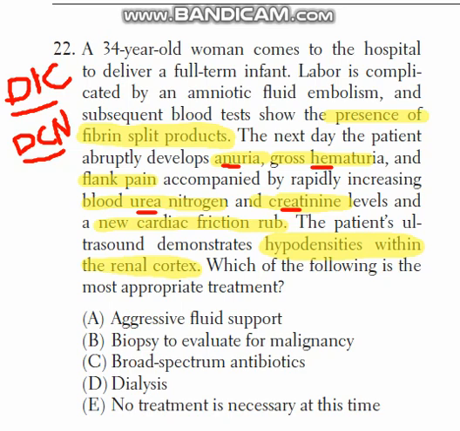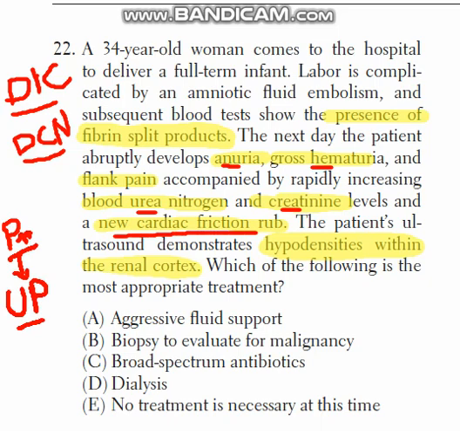So the new cardiac friction rub demonstrates that the patient now has some sort of pericarditis. This pericarditis is due to urea, so we can say it is uremic pericarditis.